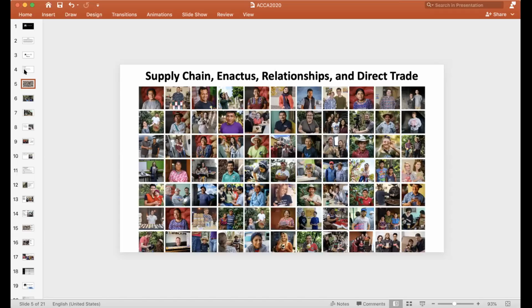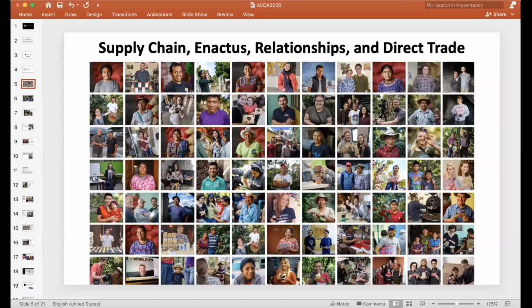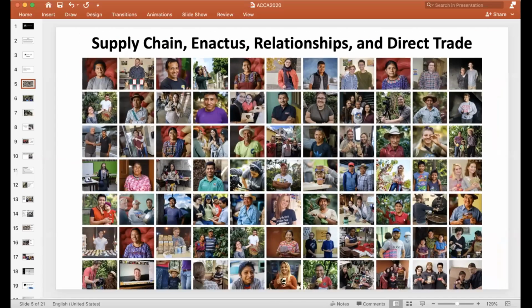Jerry's going to talk to us a little bit about our supply chain. Okay, originally our project was mostly about marketing and selling coffee out of Guatemala, but over the years it has evolved into where our project goes across the whole supply chain. From the original, we go and meet the farmers regularly twice a year, and work with them about their issues that they're having in the coffee industry, and we discuss ours.